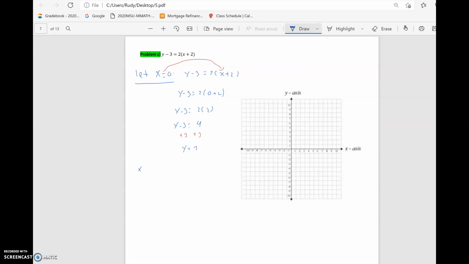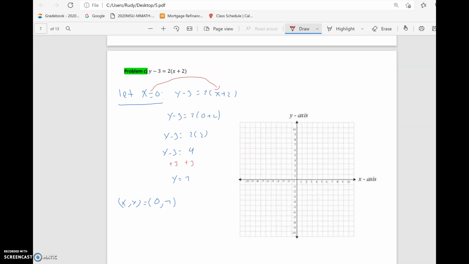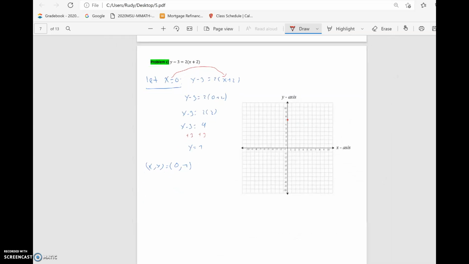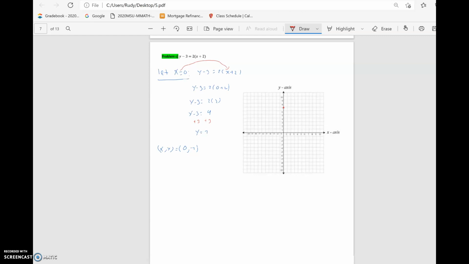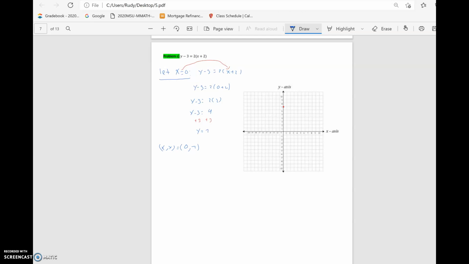Our coordinate point, it's going to be, in this case, 0, 7. Also, if you don't use coordinate points near the origin, you may be outside of the scale. So 0, 7, it's going to be here. And let me actually pick another point.